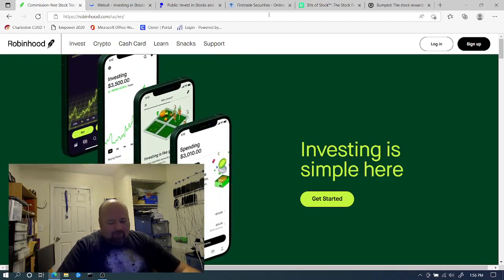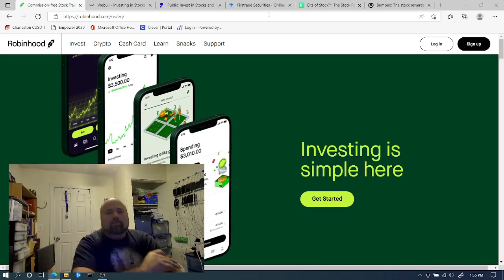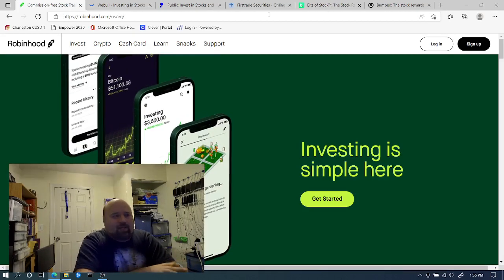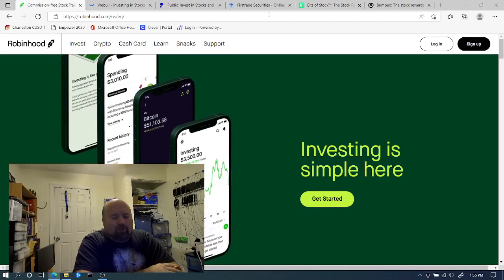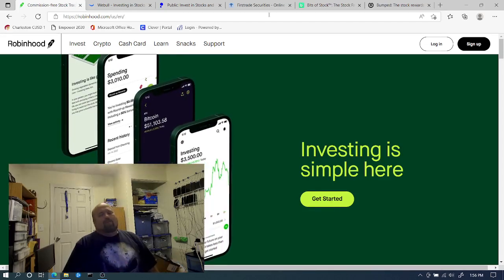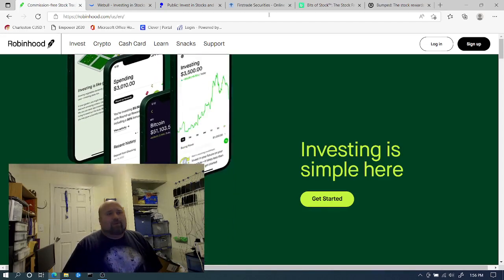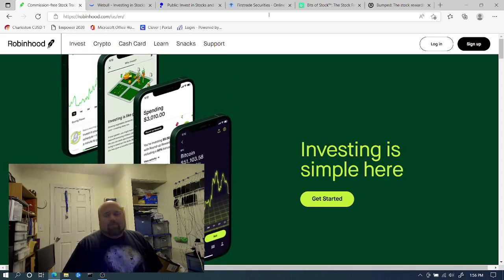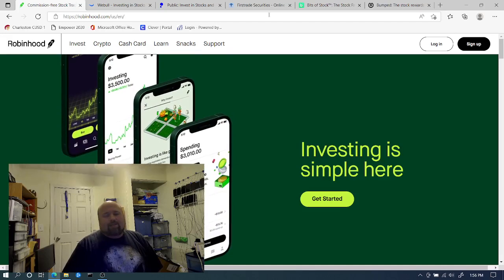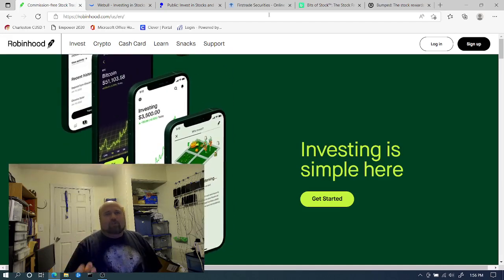Second one, my second favorite is Fidelity. The only reason Fidelity is not my first favorite is just one little headache, and that is if you have multiple accounts and you're trying to do transactions between them, say you're wanting to buy the same stock in each of your accounts, it doesn't keep track of which account you used last.